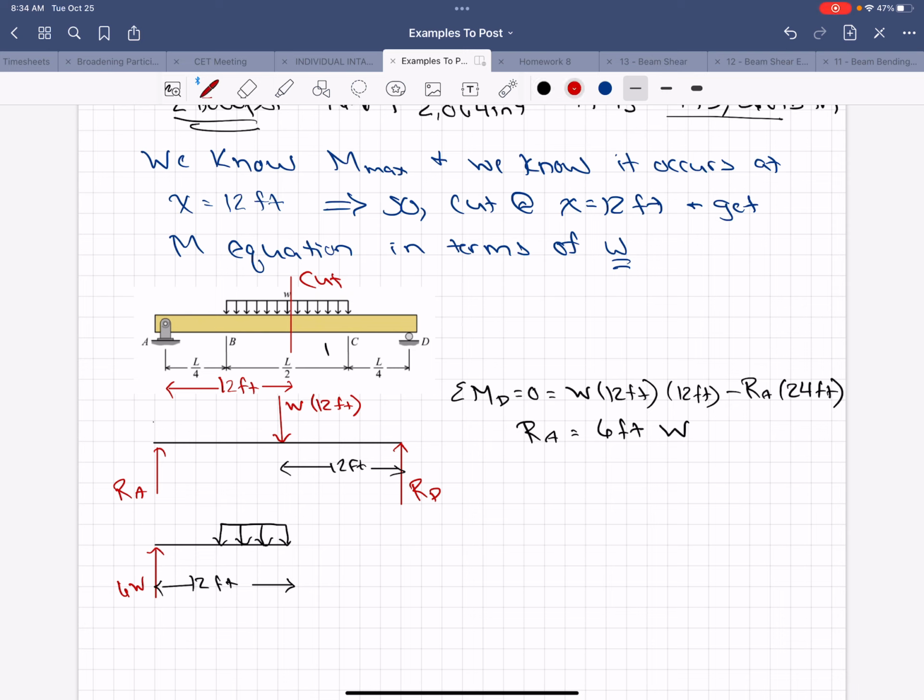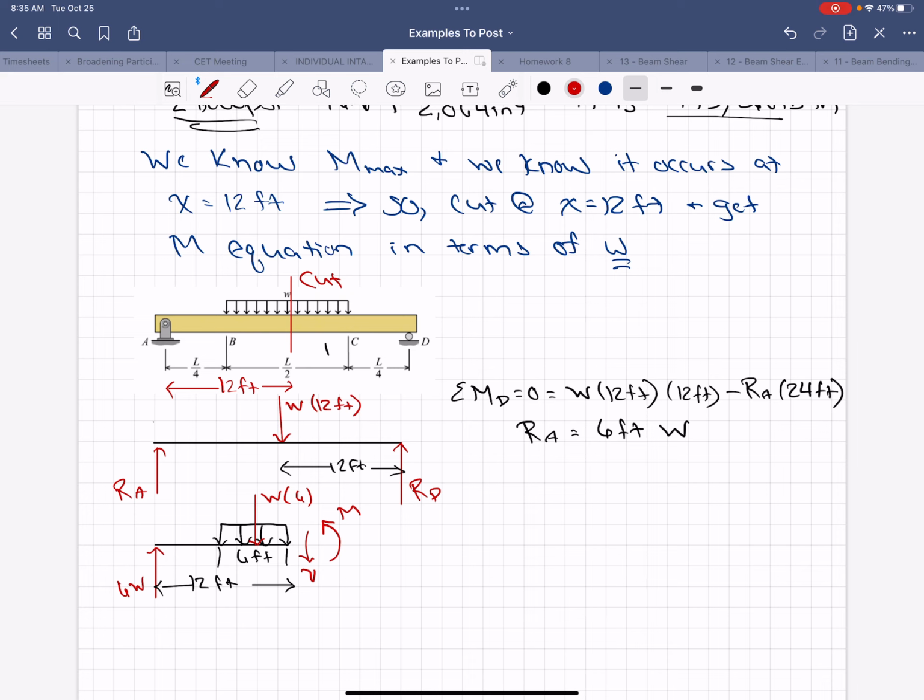So when I cut it, I end up with a negative shear, a positive moment internally. This is acting over 6 feet. So if I draw this as a point load, I have W times 6.